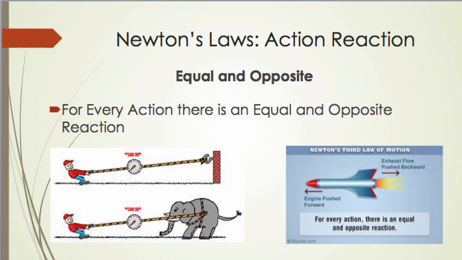So let's take a look at the boy pulling a rope on the telephone pole. The resistance to inertia of the telephone pole is very high. We could get 10 people over there to pull on it, and it's not going to move, right?